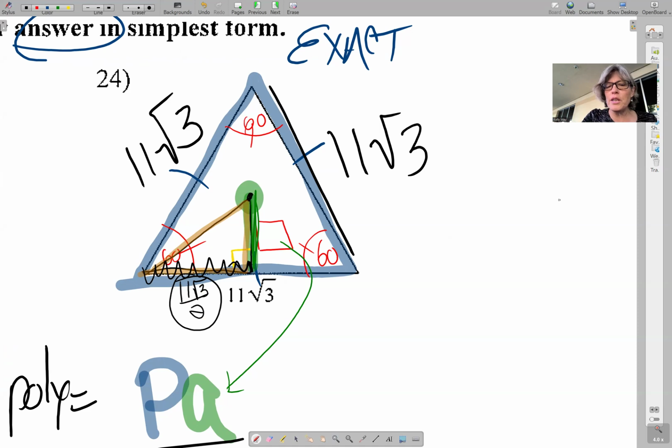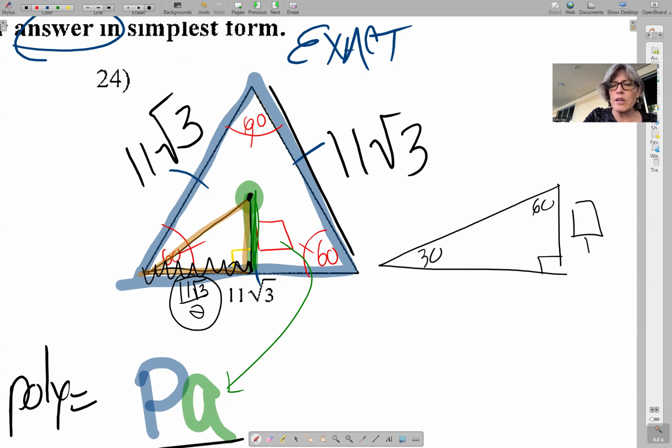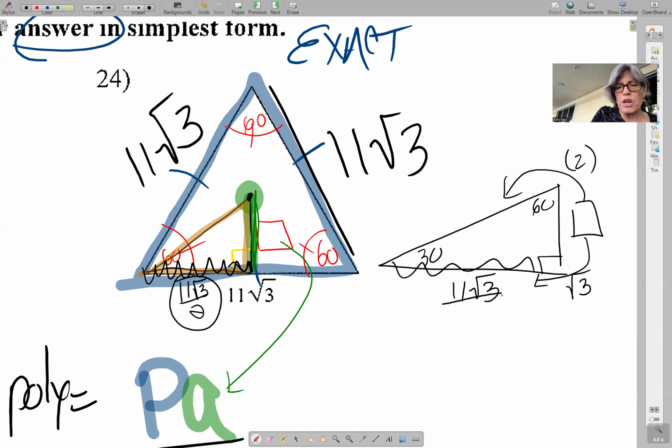All right. Now, 30, 60, 90. Pull it out here. Short leg, going this way, short leg root 3, short leg times 2. If this piece is 11 root 3 over 2, you ask yourself this. This is the original.